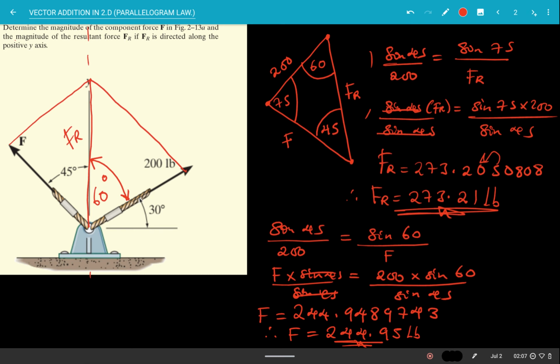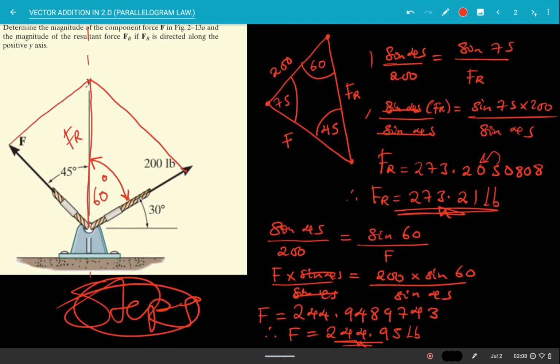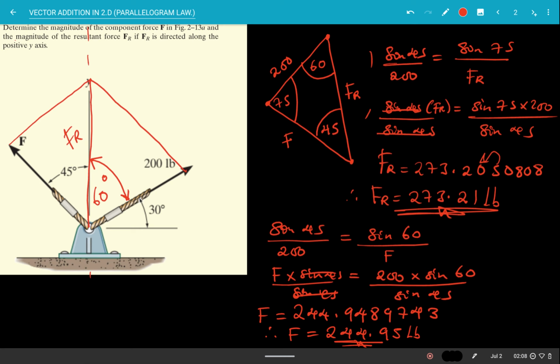This is basically how you go about finding the magnitude of a component or the resultant, given some information about the resultant and one of the components. The steps we're following are the same steps we followed in the first objective, where we were finding the magnitude of the resultant given two vectors.